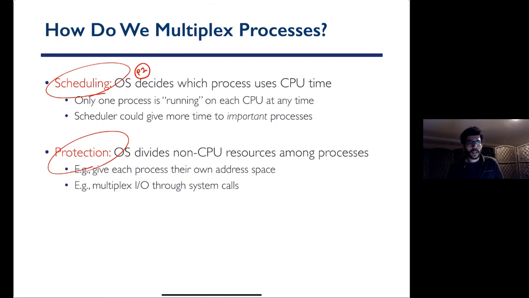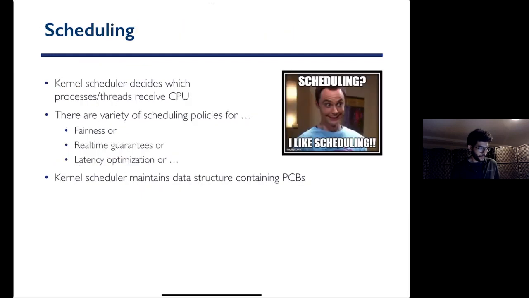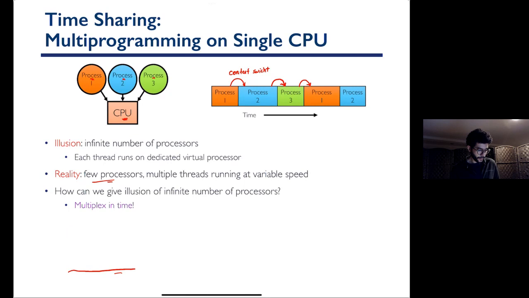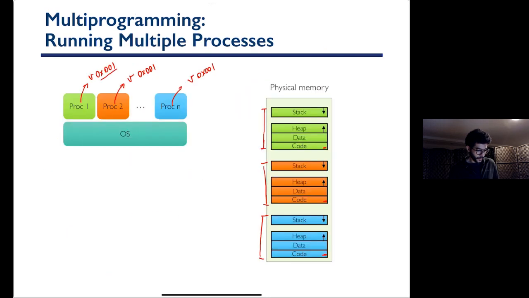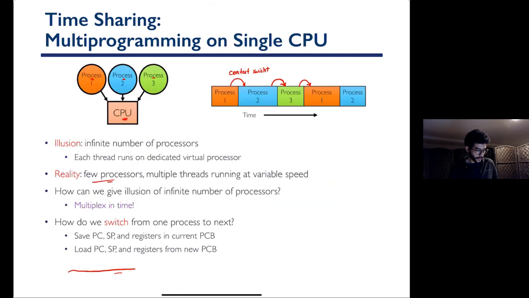Still didn't understand voluntary yield. So when a process calls pthread yield, it kind of tells the operating system you can context switch to something else.